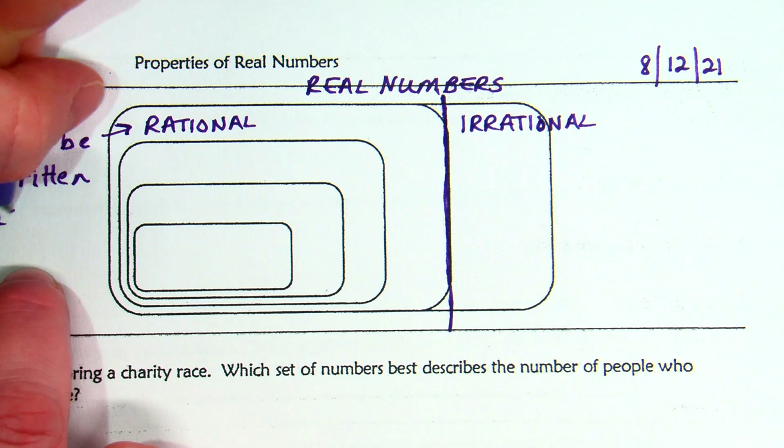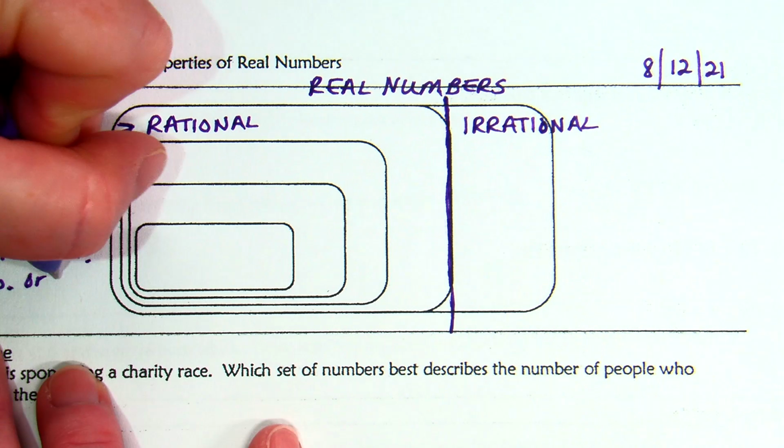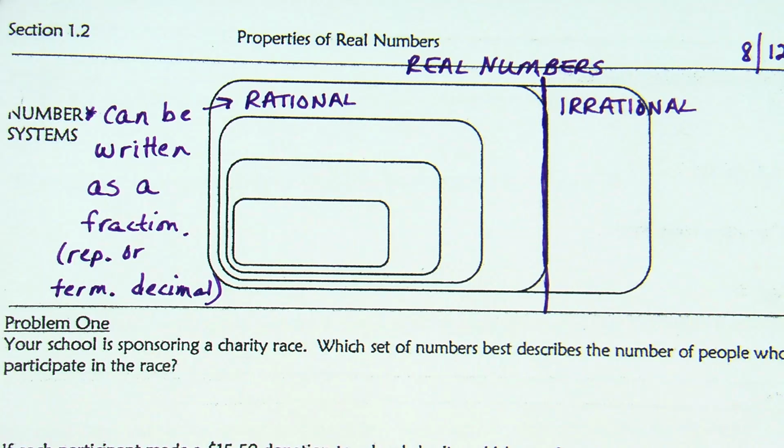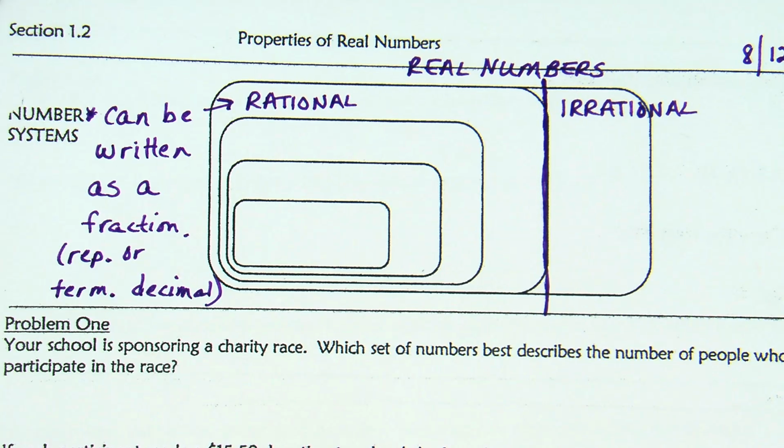If you want to put down at the bottom also that they are a repeating or terminating decimal, you can put that as well. And I abbreviated those. Sorry, I didn't realize I was off the screen. Thank you. When I go off the screen, you just got to remind me because I'm not always looking at it. Okay, so rational numbers, they can be written as a fraction. They're either a terminating decimal or a repeating decimal.